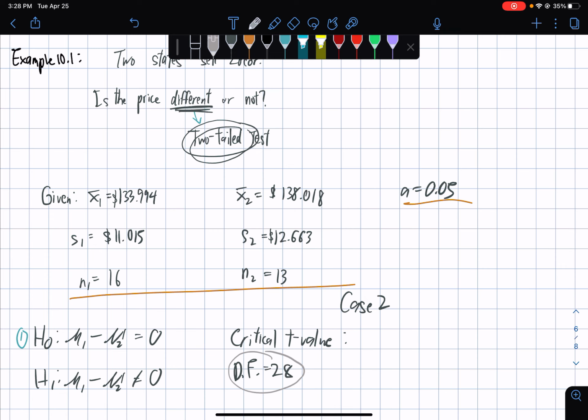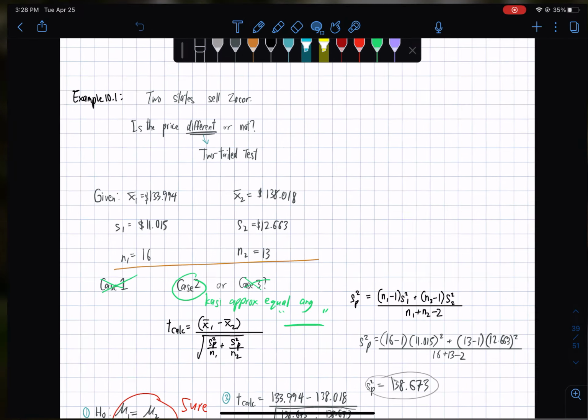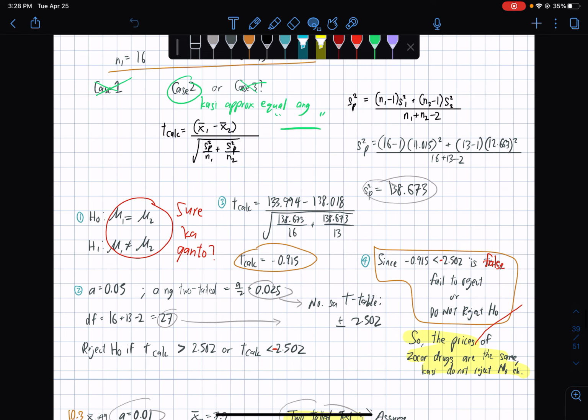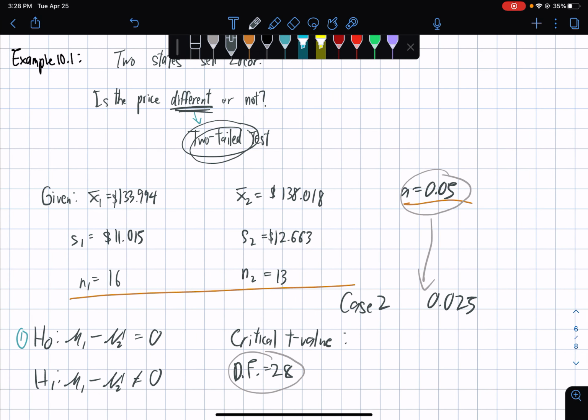And then it's a two-tailed test. Coming from level of significance 0.05, 0.05 divided by 2 is 0.025. Tama ba? Tama, because it's two-tailed. If it's right-tailed, then it's just alpha lang, but if two-tailed, alpha over 2.